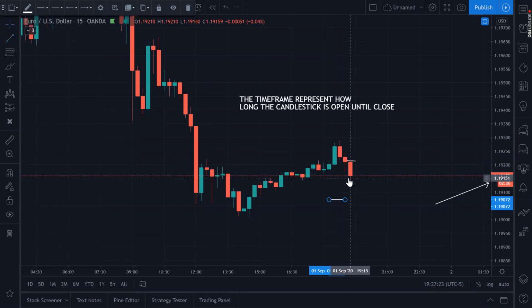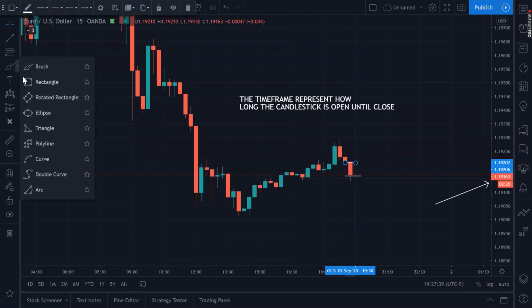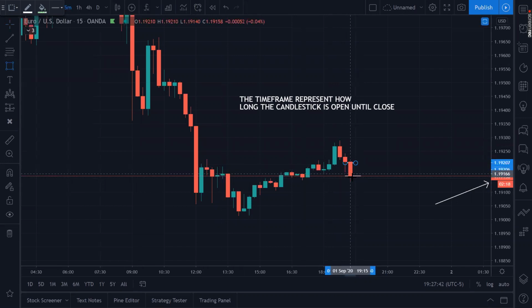So we wait until that timer closes, and once that happens, this candle is now done. It's over, it's recorded, and it stays there forever. And then a new candle will open where it closed.